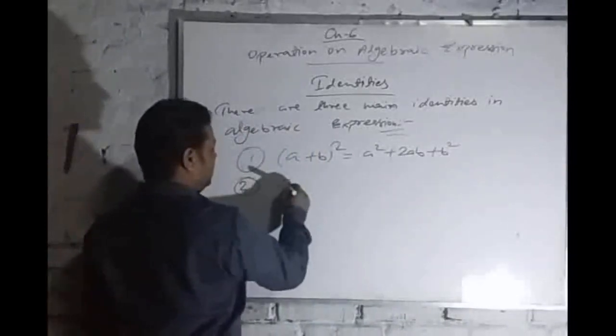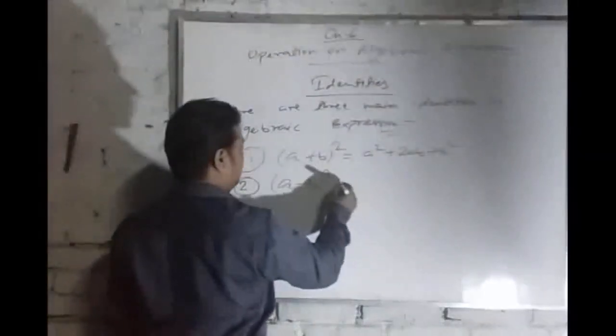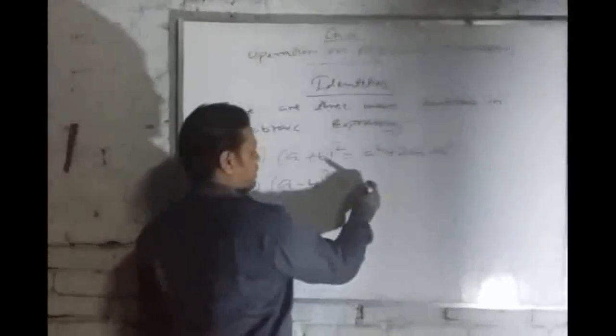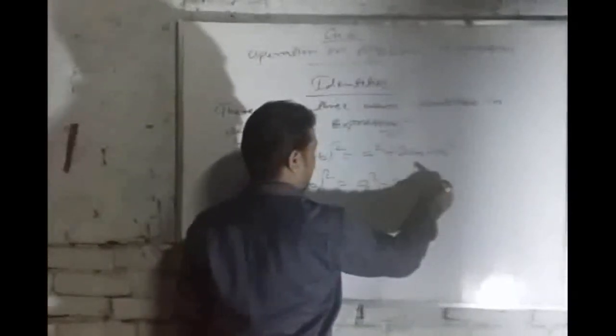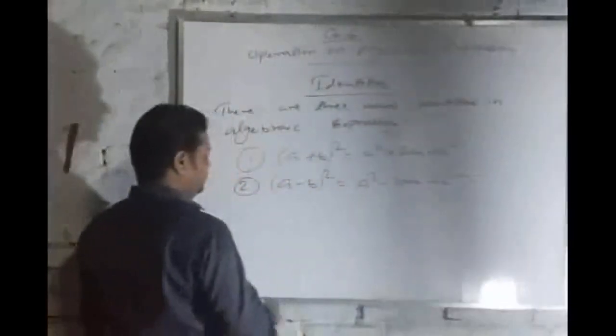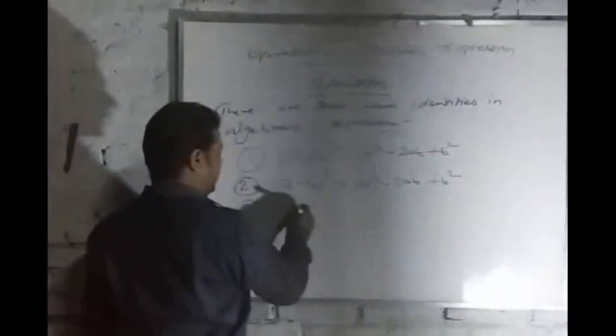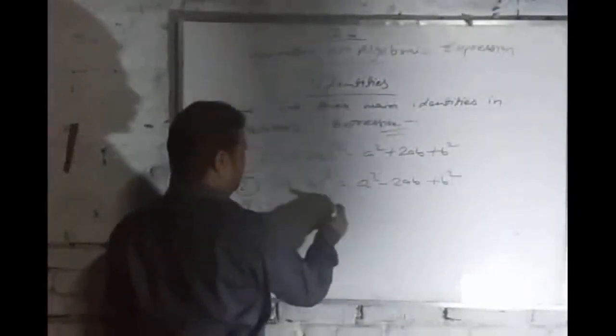Now second, (a minus b) whole square is equal to a square minus 2ab plus b square. And the third one is (a plus b) into (a minus b) is equal to a square minus b square.